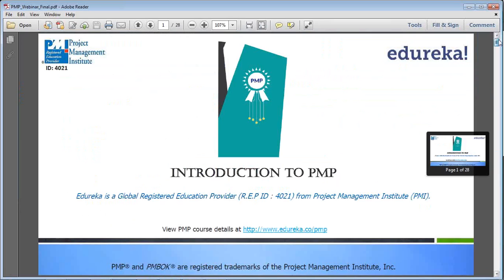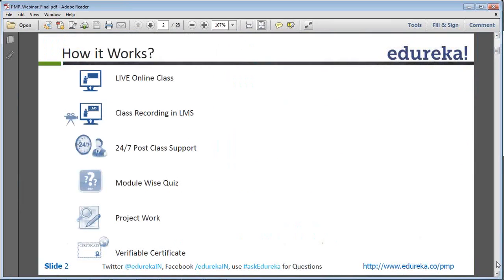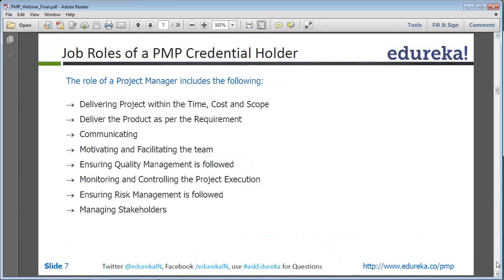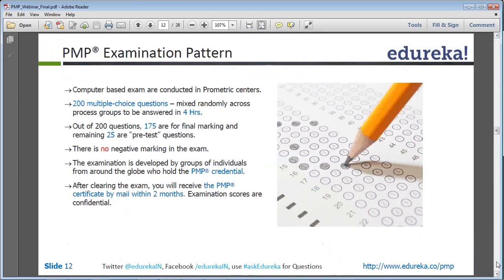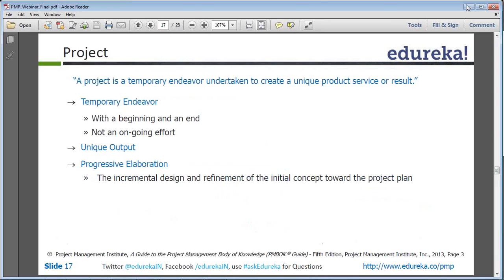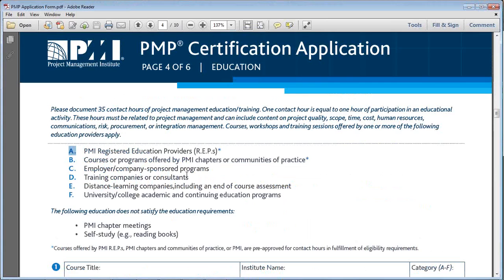See, here is the REP ID. So once you choose the REP ID, you will be able to see the course name, which will come in a drop down, and you can select from the drop down, and you will be able to claim the 35 PDUs for that.